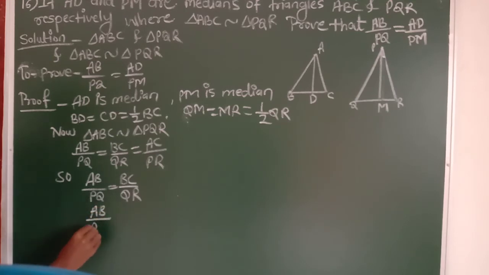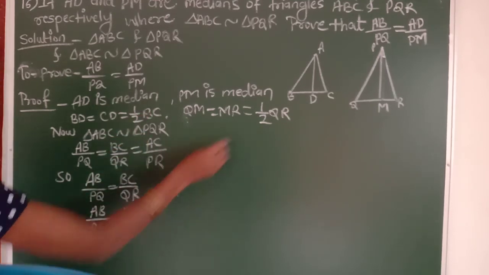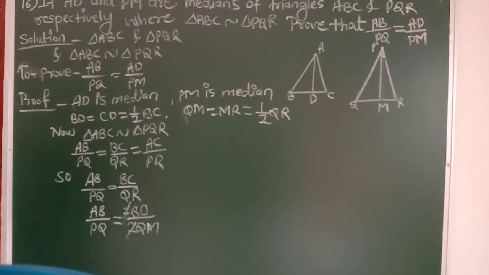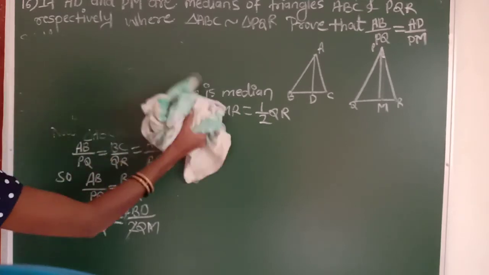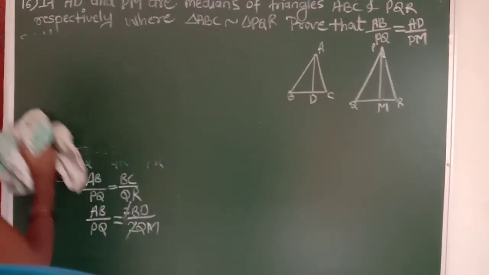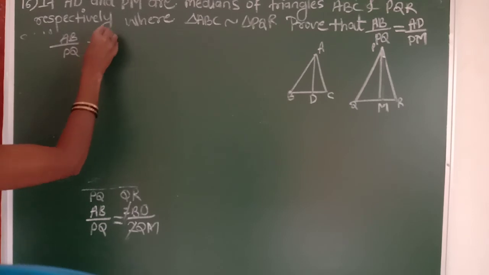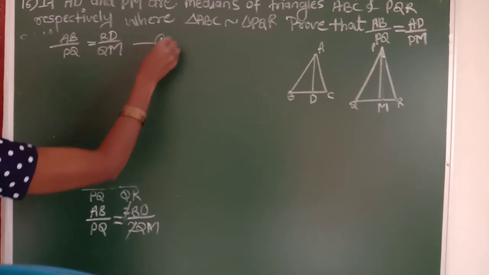AB by PQ is equal to, I will write BC as 2BD and QR as 2QM. This 2 gets cancelled. Next we can write, AB by PQ is equal to BD by QM. Yes, this is equation 1.